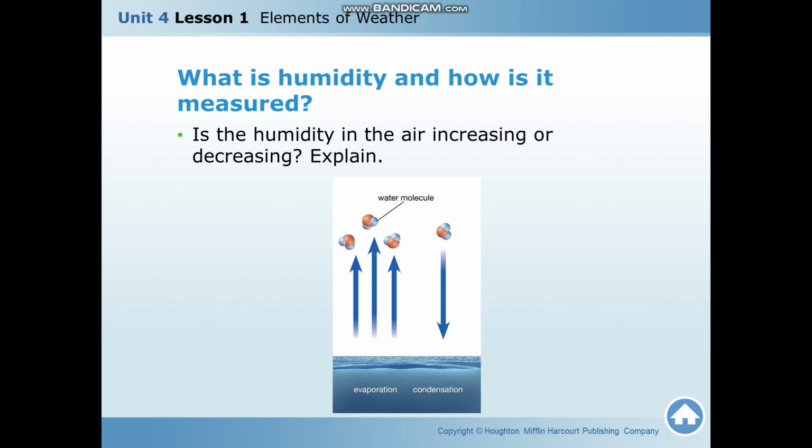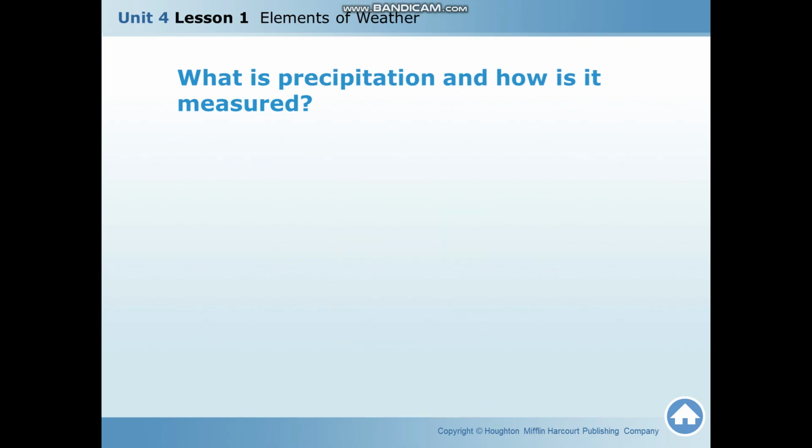So based on the definition of humidity, which is the amount of water vapor in the air, we can say that the humidity here is increasing because, as you can see, there are more water molecules going up into the atmosphere. So hence, there is an increase in the humidity.